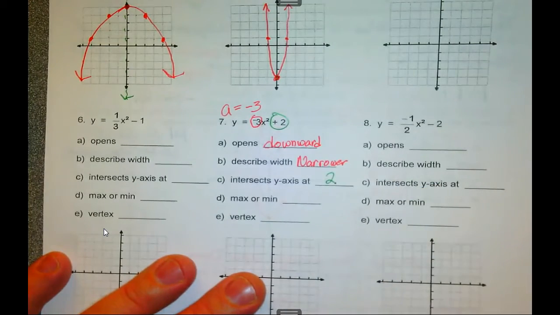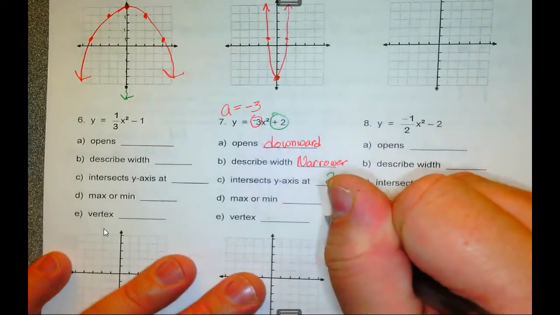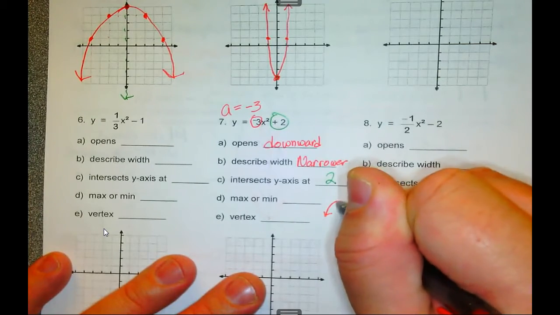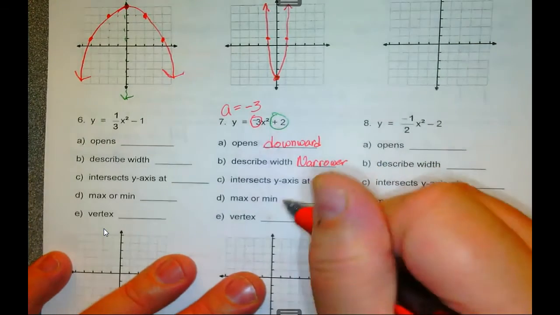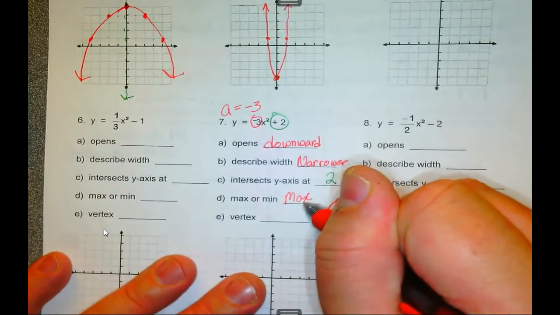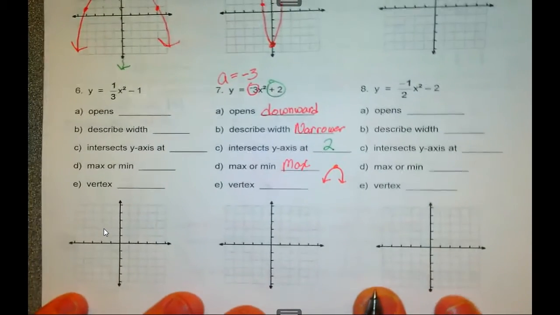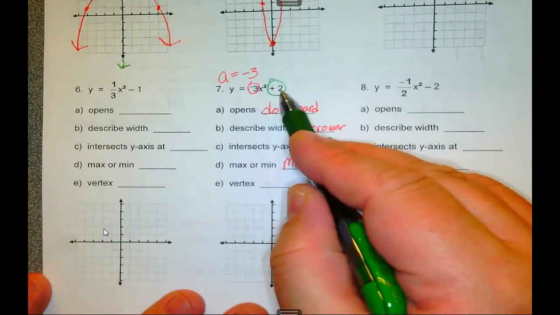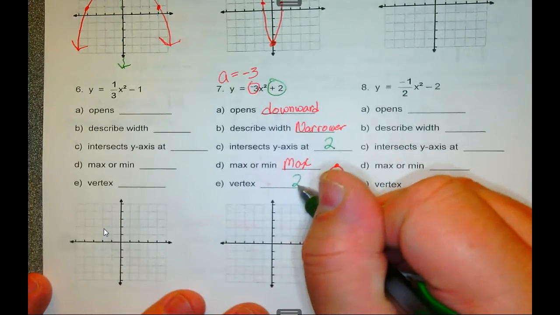Okay, if it opens downward, is my vertex a max or a min? It's a max. And where is that vertex going to be? Well, we know it's going to be 2.